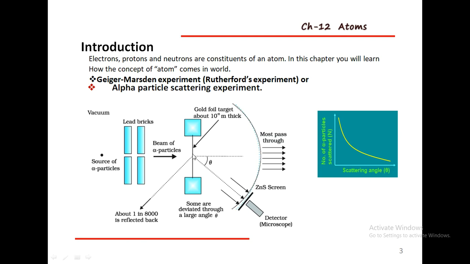Here don't take 180 degree, because then the beam of alpha particles would come directly here. So consider only 1 degree to 179 degree, and the number of alpha particles along the y-axis. For nearly 1 degree the number of scattered alpha particles is the maximum. After that it decreases gradually.